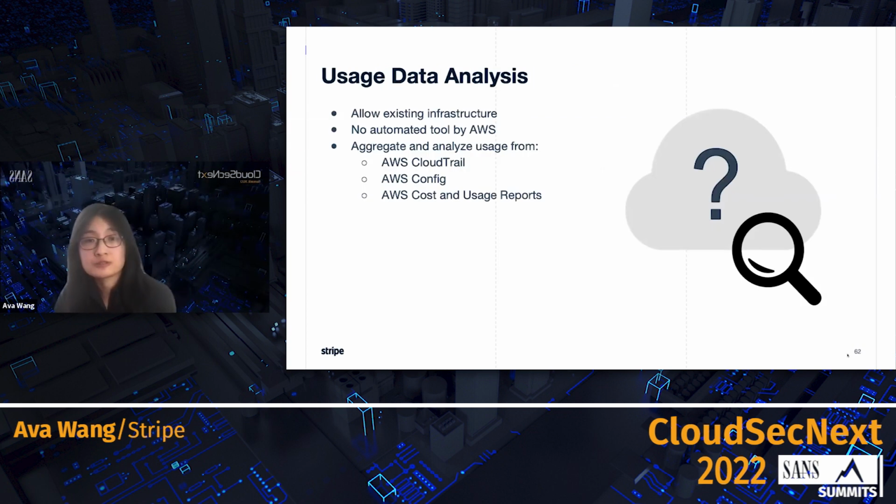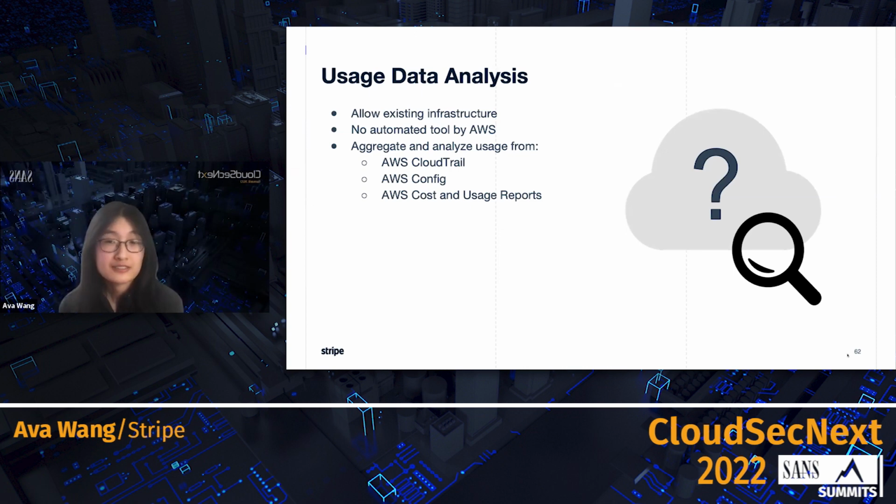Most of the times when you're crafting the allow list SCPs, you're not starting from a blank slate, but rather a cloud environment where you need to keep existing infrastructure up without any interruptions. So at Stripe, we were a bit nervous about creating these allow list SCPs.